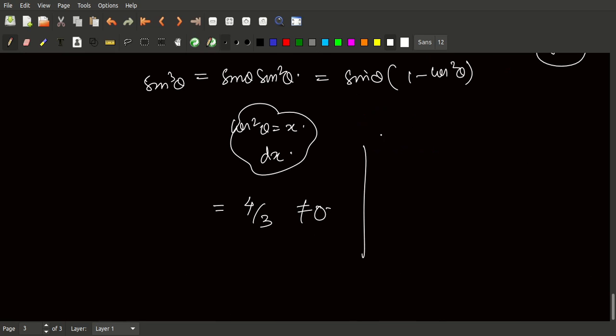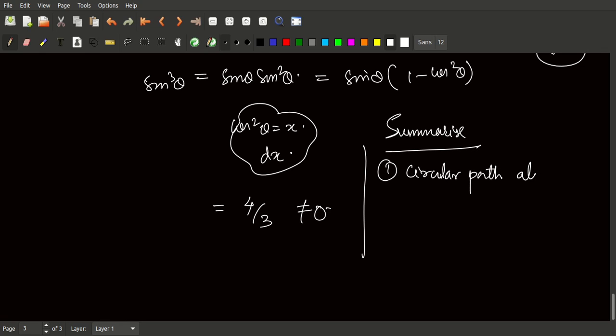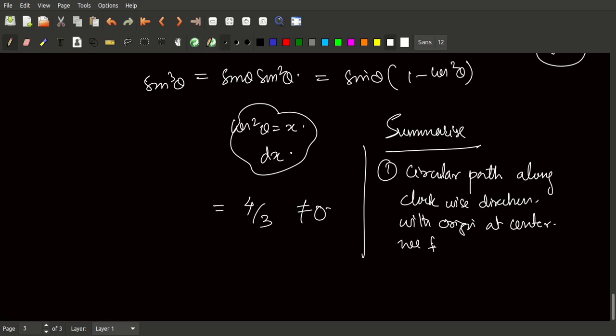I will summarize what I did now. When we used a circular path along clockwise direction, with origin at center, we got this closed integral of F dot dl equal to 0.